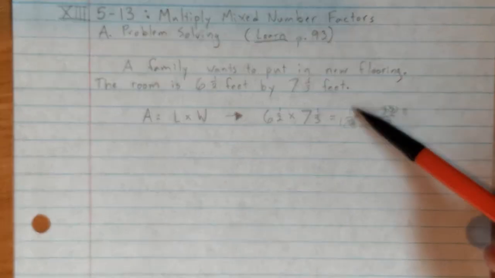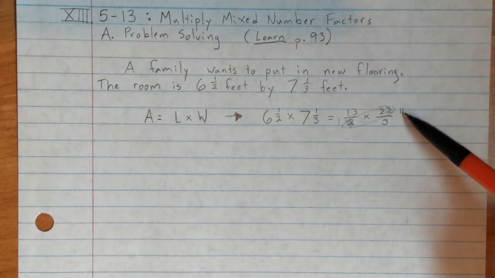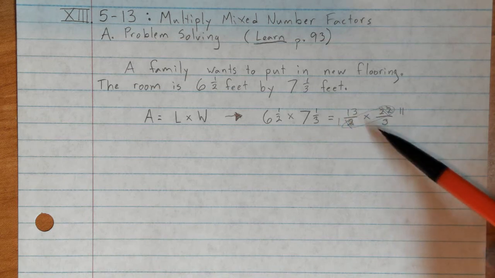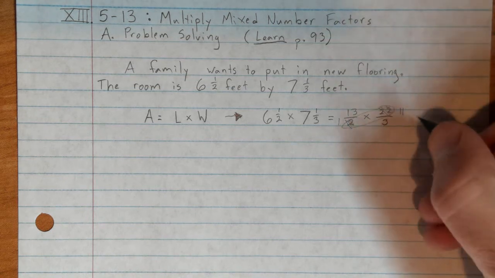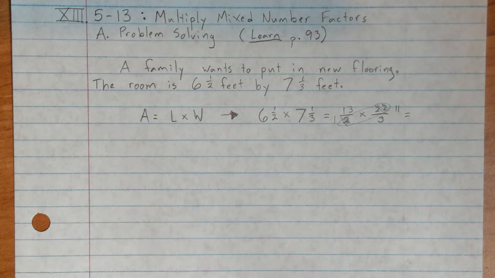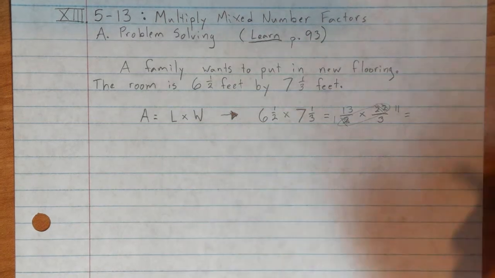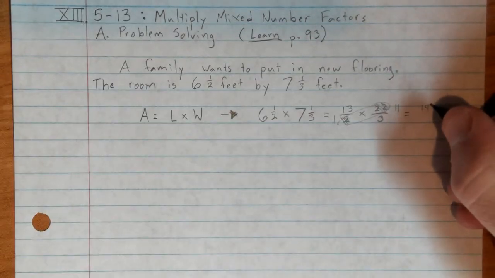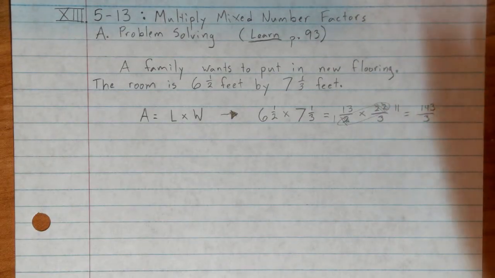So now I've got 13 times 11 over 1 times 3. 13 times 11, that would be like 13 times 10, so 130, plus another 13. So that would be 143 over 3.